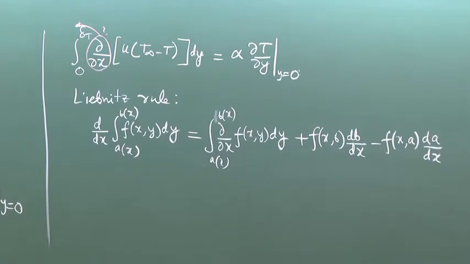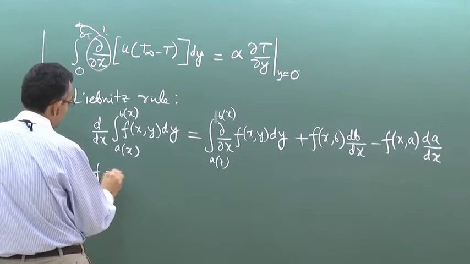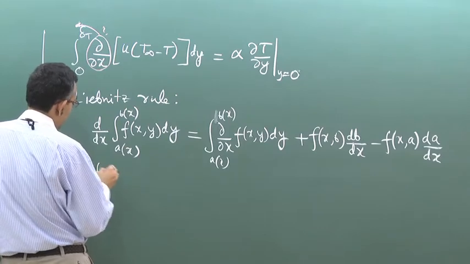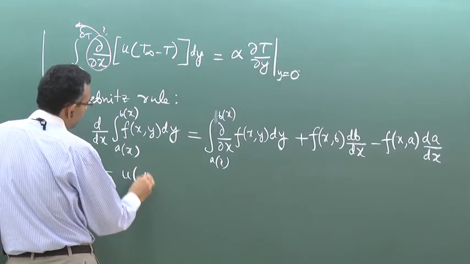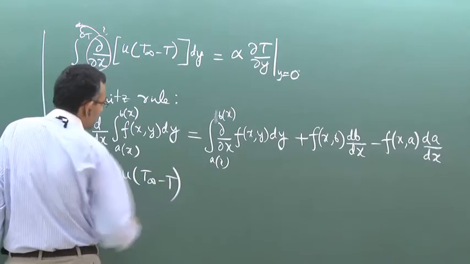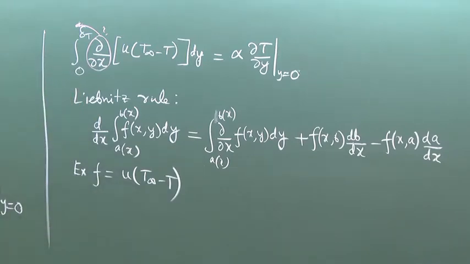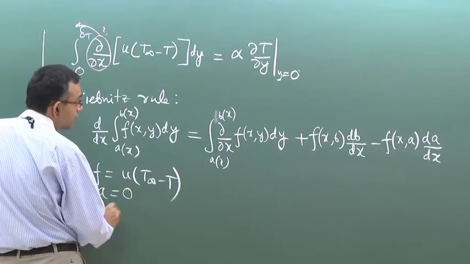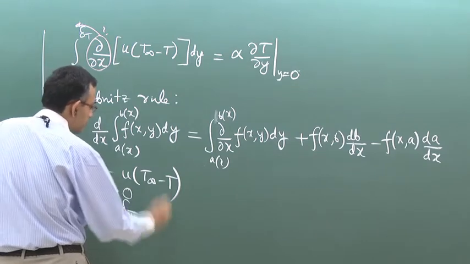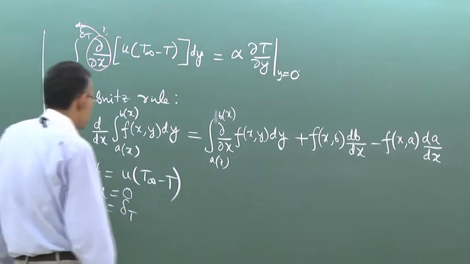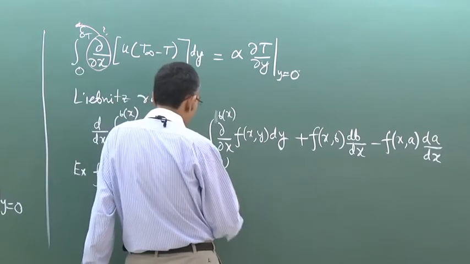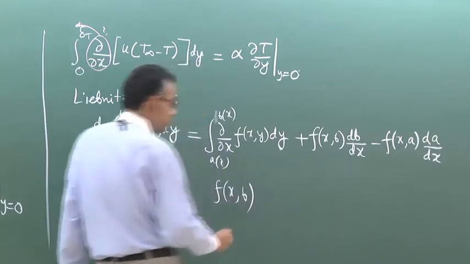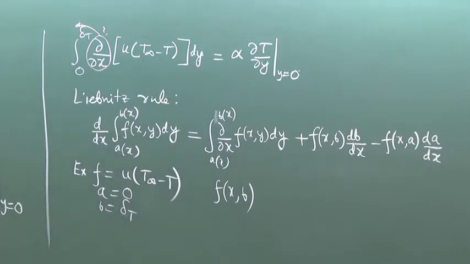So in this example f is u into T infinity minus T. A is 0 and B is delta T. So what is f at b?